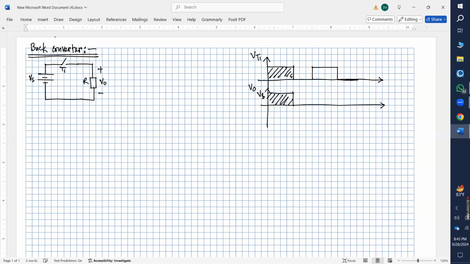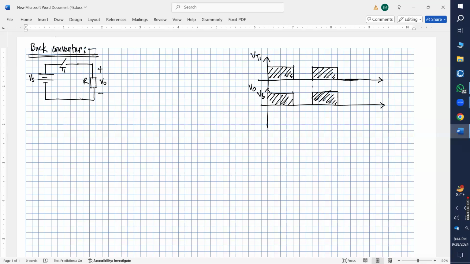Suppose this is my VS. When there is no pulse, the switch is off and the entire input voltage appears across the switch, meaning there will be no voltage at the output. When the switch is on again, from the start of this pulse to the end of this pulse, you will again see the voltage. So your output waveform will look like this.